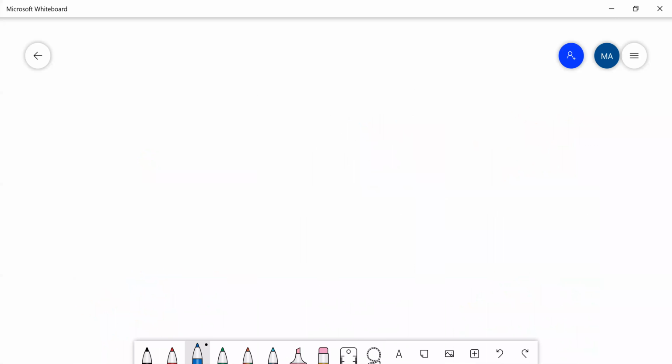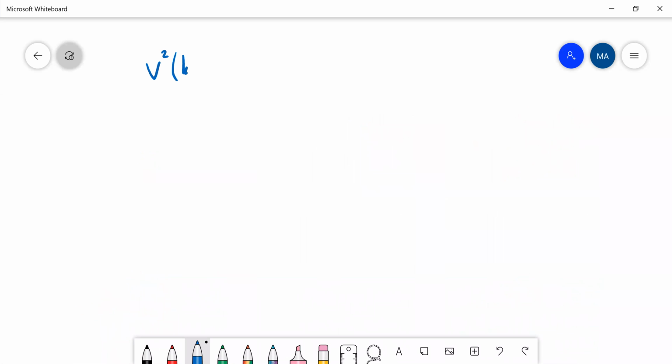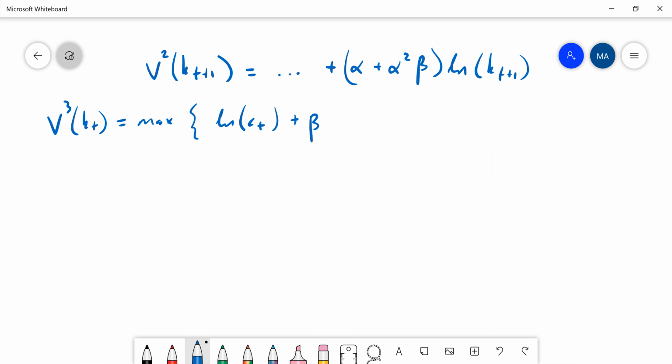So you have now V2 KT plus 1. It is like a bunch of constants plus alpha square beta ln KT plus 1. Okay, so your V3 is maximize ln CT plus beta, some constants, right? Plus beta alpha square beta ln lambda KT alpha minus CT.